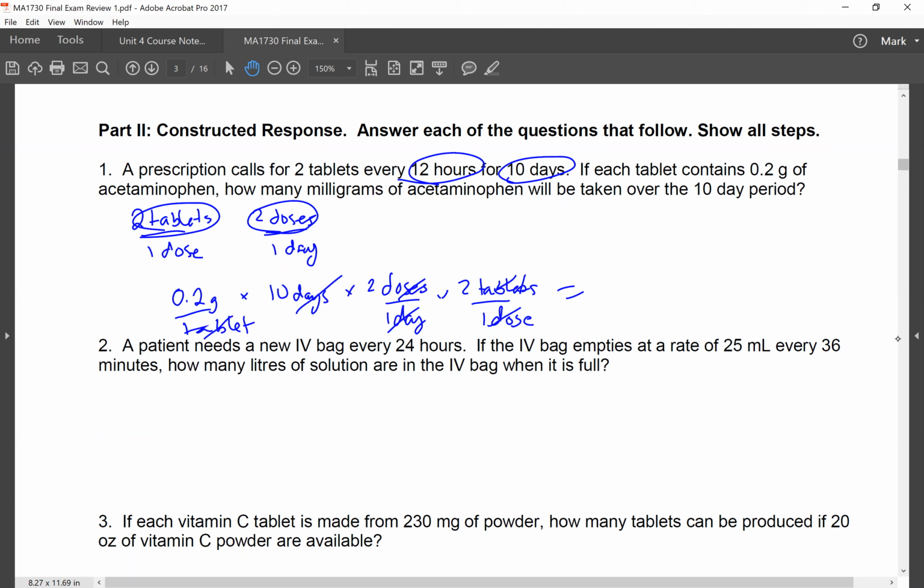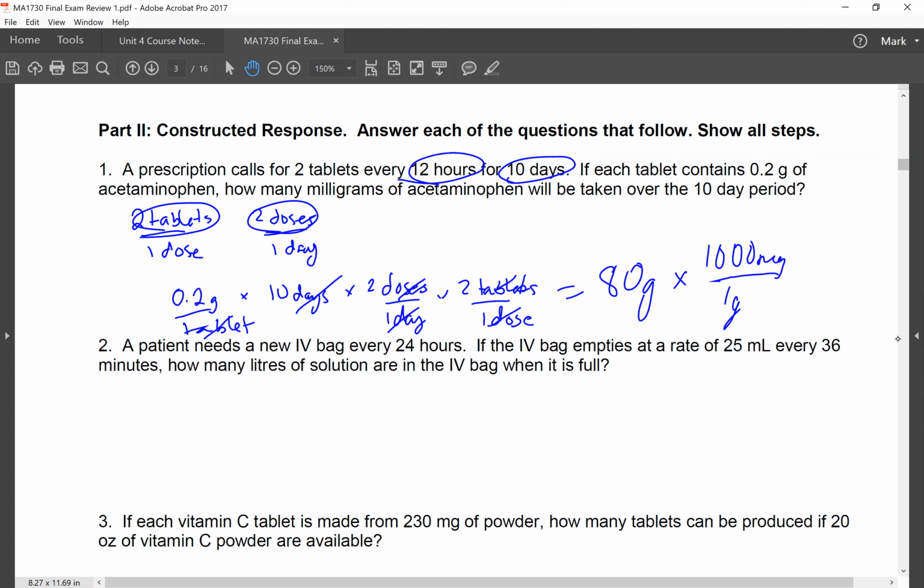So the tablets are gone. We have taken 80 grams over this 10-day period. Now, that's not the answer. We need to do it in milligrams. So I can very quickly change this to milligrams, 1,000 milligrams in 1 gram.